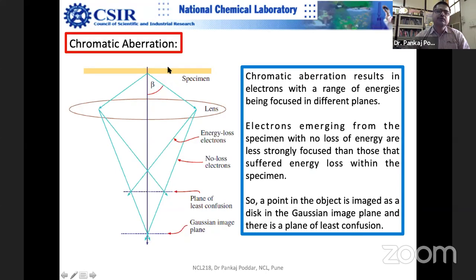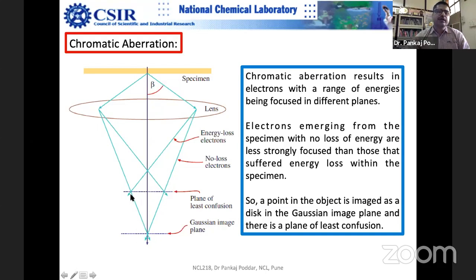So electrons which have undergone energy loss will focus somewhere at this point, and the electrons which have not undergone energy loss will focus in the Gaussian image plane.